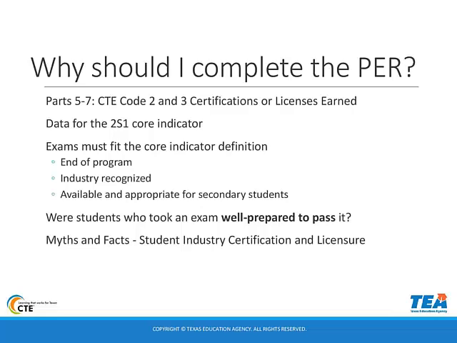And these exams or certifications must meet the definition that we have for a technical skill, and that is that they must be end of program, they must be industry recognized, and they must be both available and appropriate for secondary students. And what we're trying to find out here, folks, is not how many exams did you give. It's not about quantity, it's really about quality.